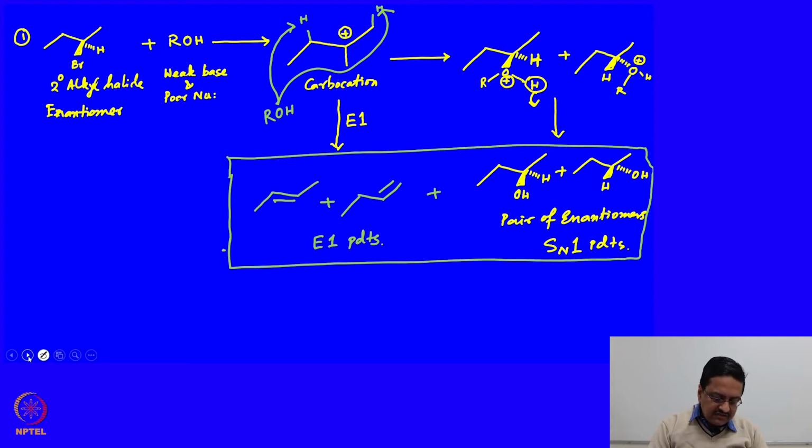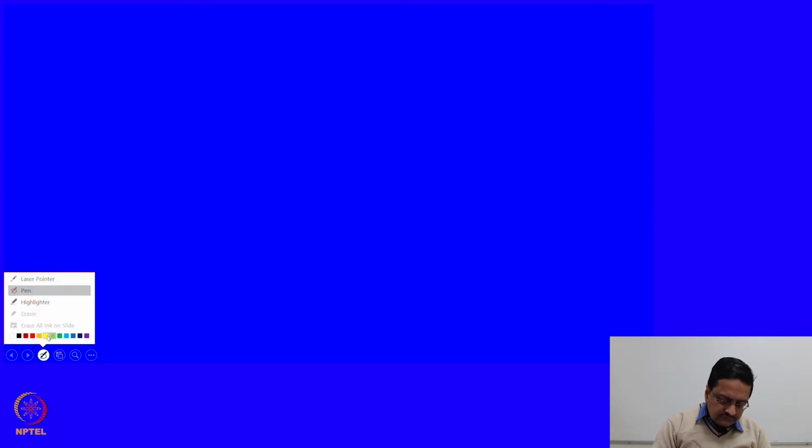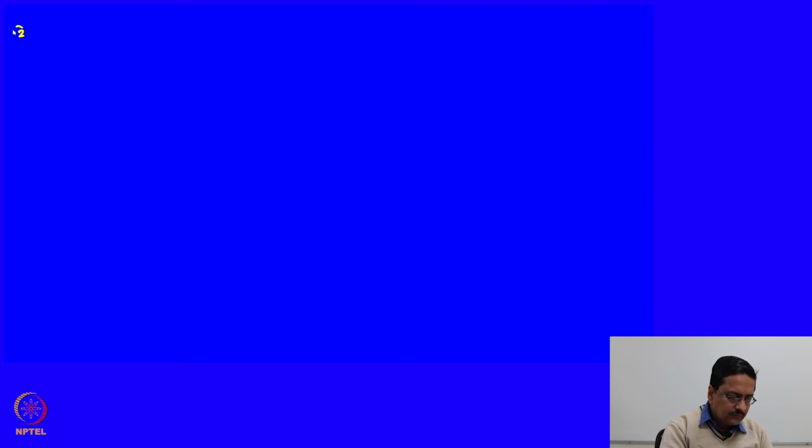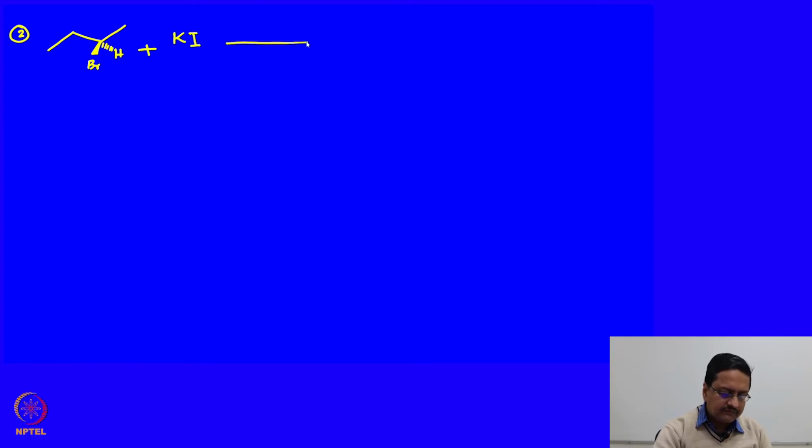If we make a simple change in this reaction, what will happen? If we take the same alkyl bromide and treat it with KI, what would happen? Again, this is the iodide ion, which is a weak base but a better nucleophile compared to ROH.